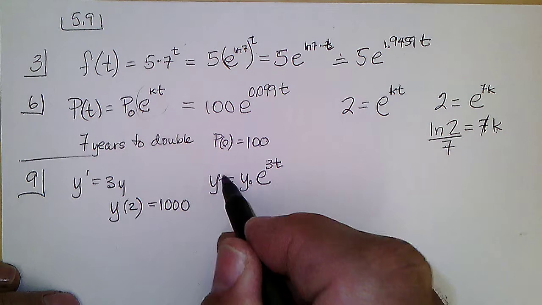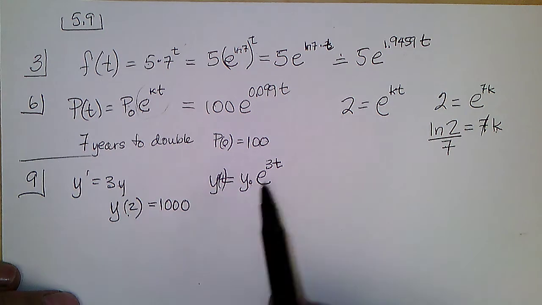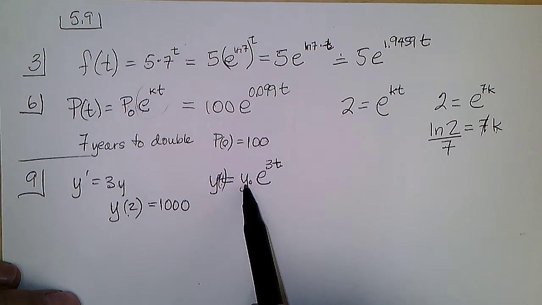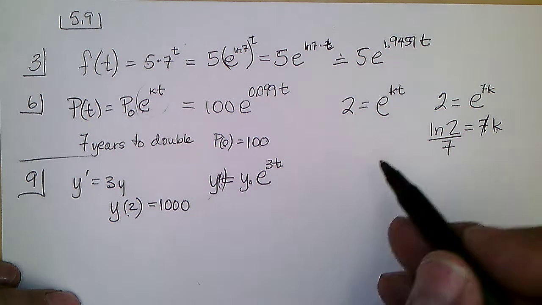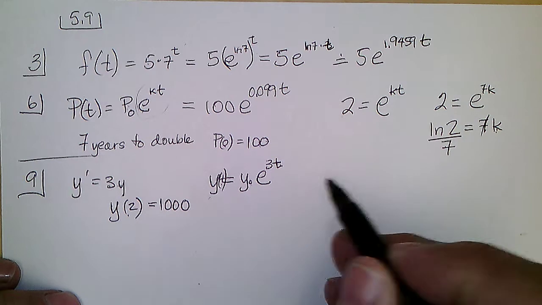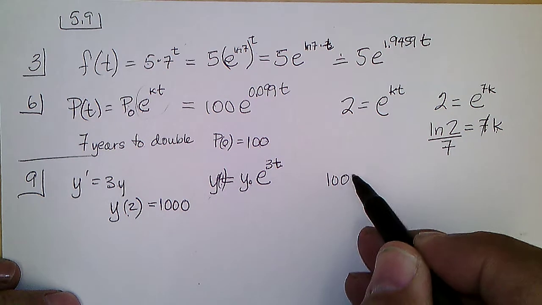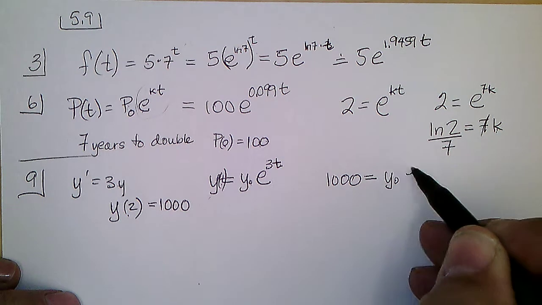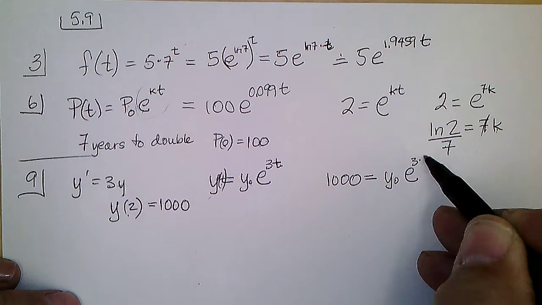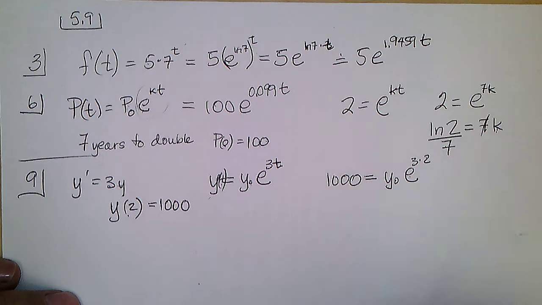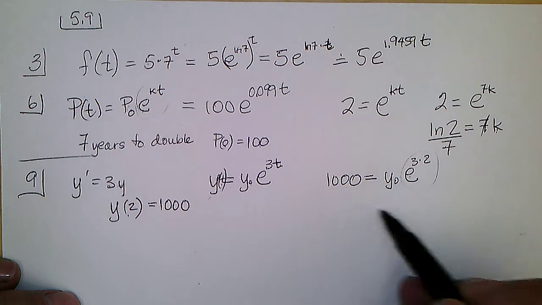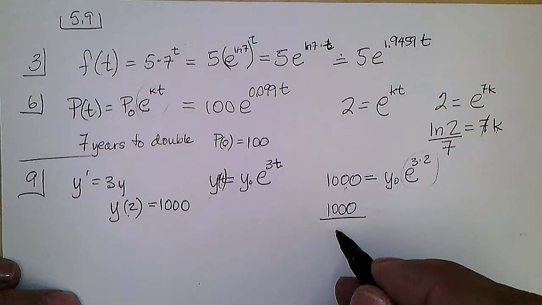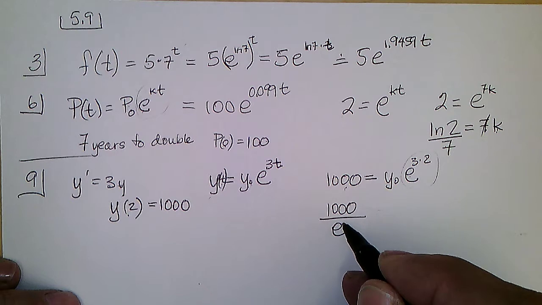Then it says when I put in 2, I get 1,000. So I can figure out y0 here: if it's 1,000 when t is 2, then e to the 3 times 2, so e to the 6, so y0 is 1,000 divided by e to the 6.